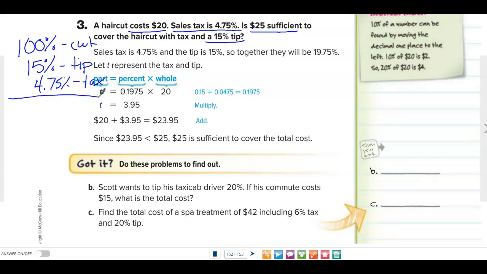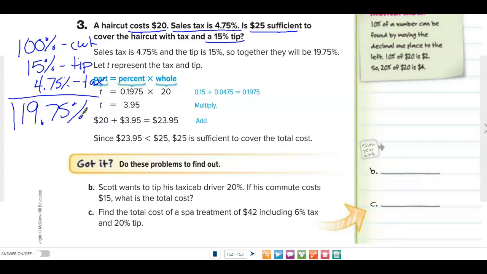So what total percent am I paying now? Truman? 119.75. Yep, because if you add these all together, you get 119.75%, correct? Yeah. Questions on how I got that percent?